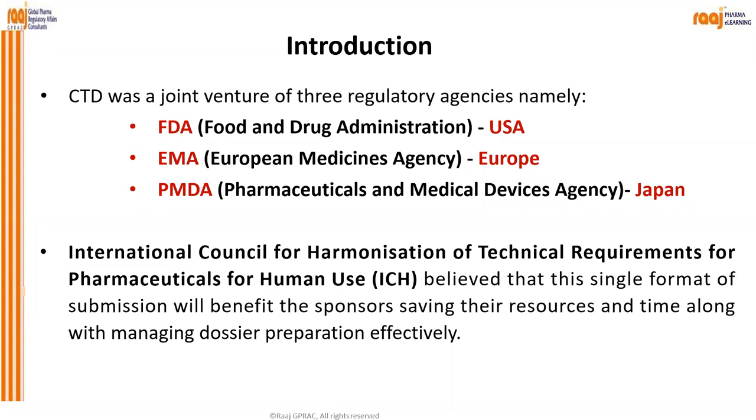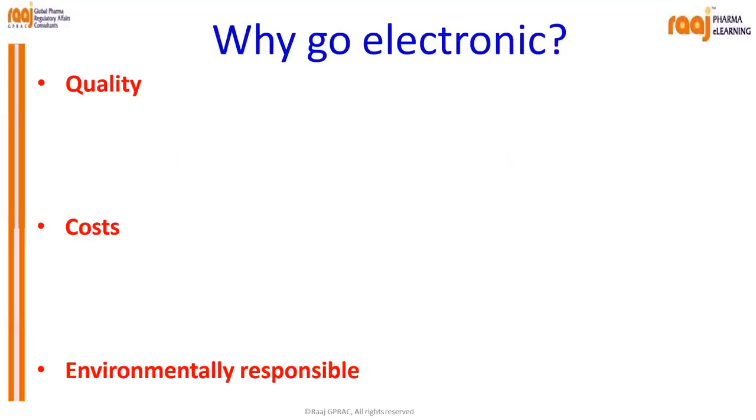So there were lots of gaps in the presentation, in the communication, and in the documentation. That is why they brought together this ICH, a very beautiful format wherein everything is streamlined.